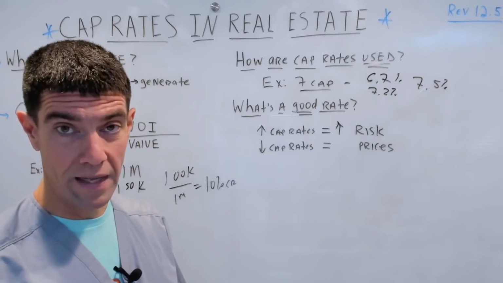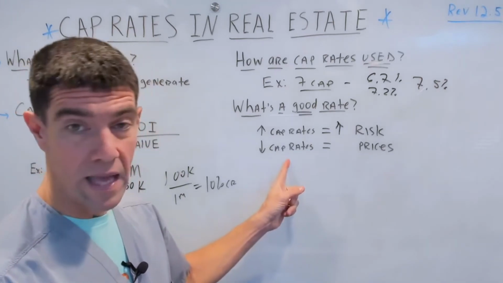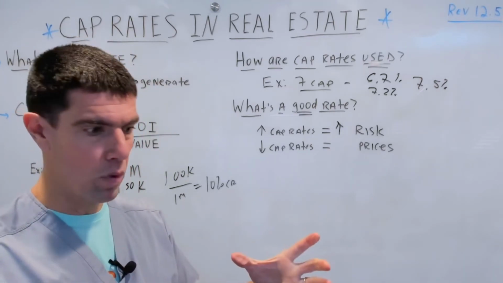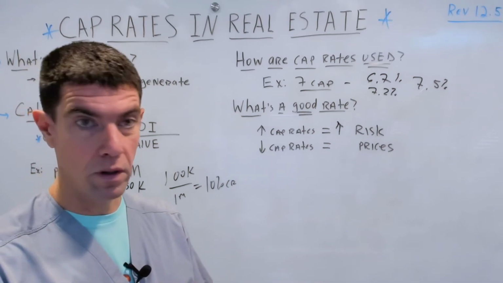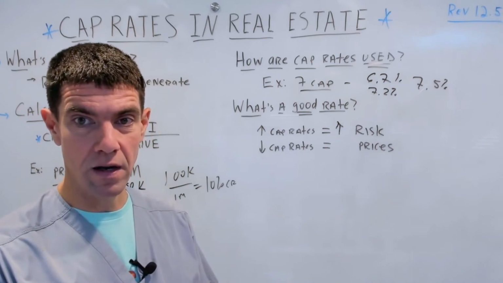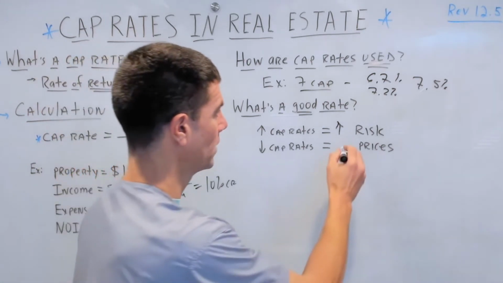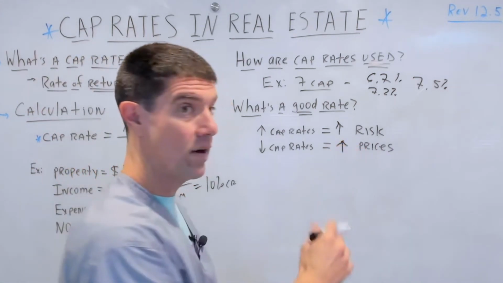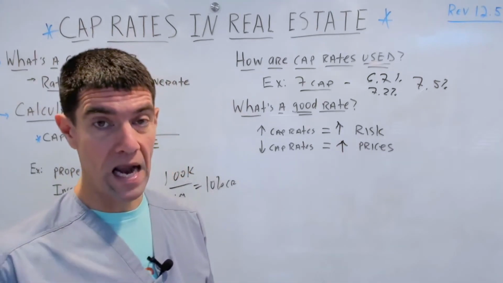Now, generally assets with a lower cap rate tend to be in more stable areas. Often, people want to move into these areas. There's a big demand to move into these areas, so they can command very high prices because everybody wants to move there.